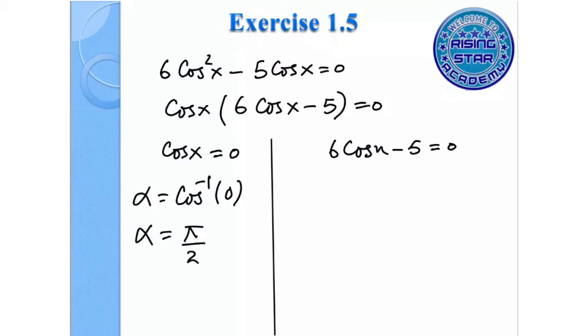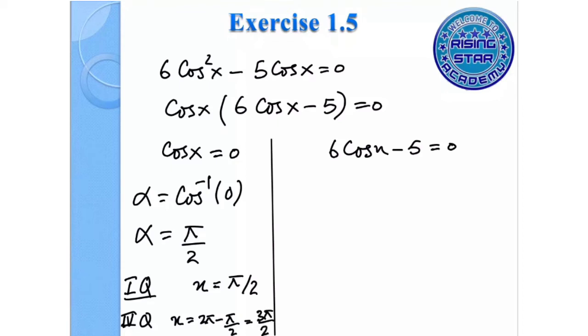So for the first quadrant, we will write x is equal to alpha, that remains as it is. But for the fourth quadrant, we have to subtract pi by 2 from 2 pi.